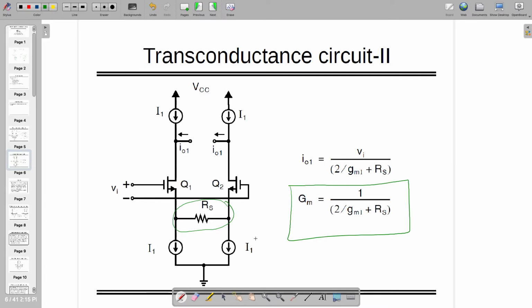Considering the fact that the current is constant, look at this, square root of id and all. So if it is constant, there is no problem. Current is constant, W by L, everything is constant. You are just playing with the voltages at the input side, VGS, which is varying, right? So in that case, transconductance is also linearly controlled by a resistance which is RS.